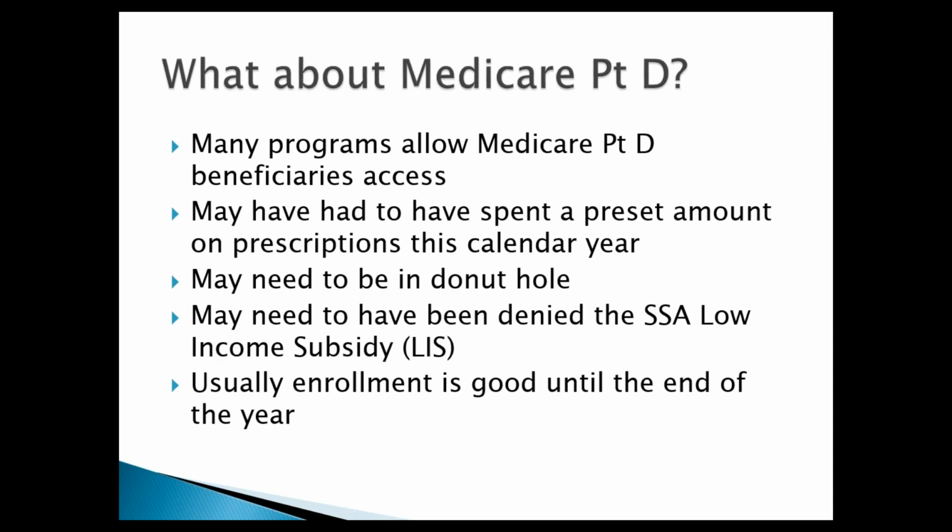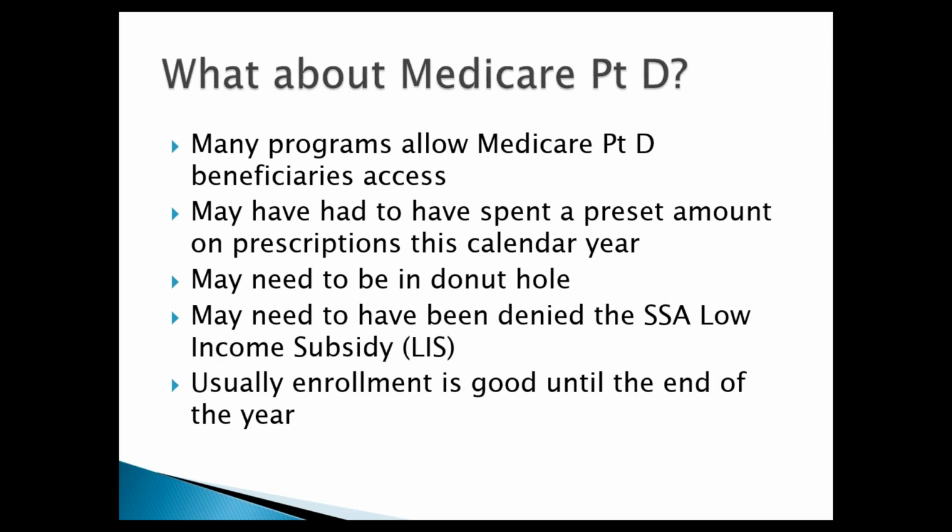A lot of the programs have what's called an out-of-pocket requirement, where the patient has to have spent some set amount of money out of pocket before they're going to be eligible for this program. And that can be a set dollar amount, or it could be a percentage of the patient's household income. It just really varies by program.